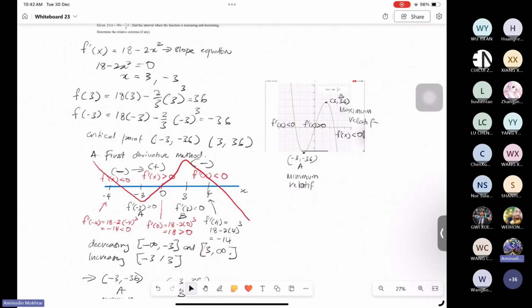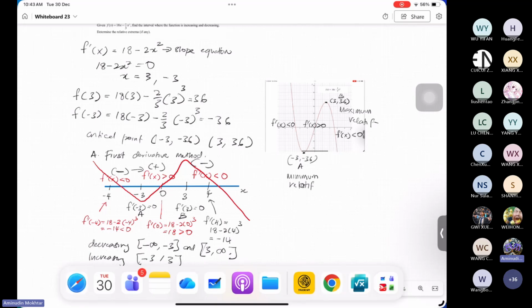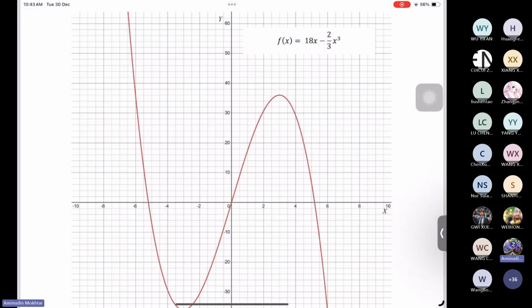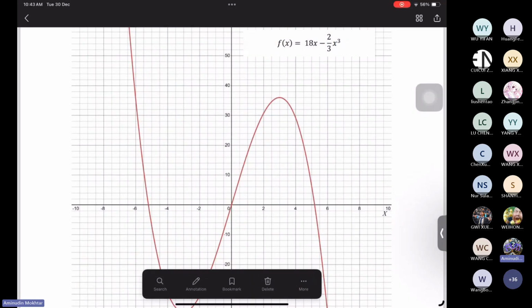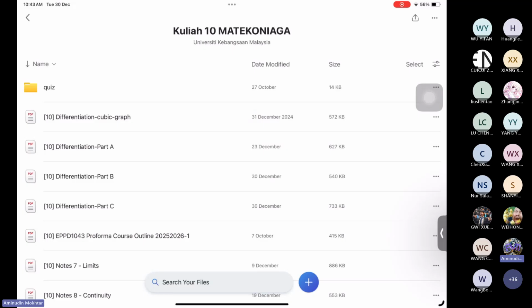In other words, for any function, whether linear or non-linear, quadratic, cubic, log, exponent, and so on, we can find the slope of the function by applying the derivative method. That's about the derivative, part C.